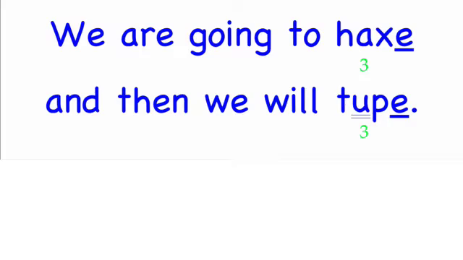Notice the U in toop is double underlined because U is representing its second long sound in this word. Remember, U is the only vowel that has not one long sound but two long sounds.